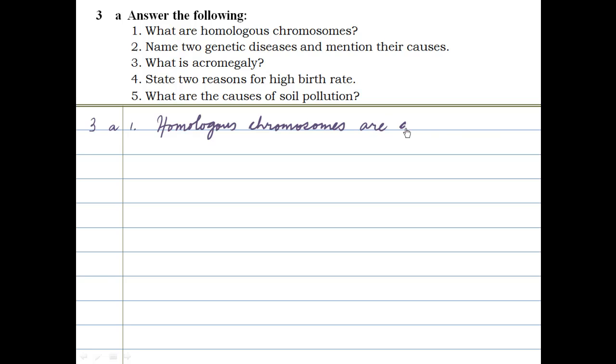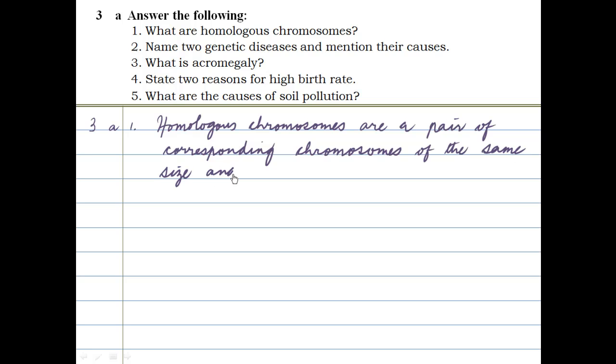Homologous chromosomes are a pair of corresponding chromosomes of the same size and shape and having the same set of genes organized in the same order.